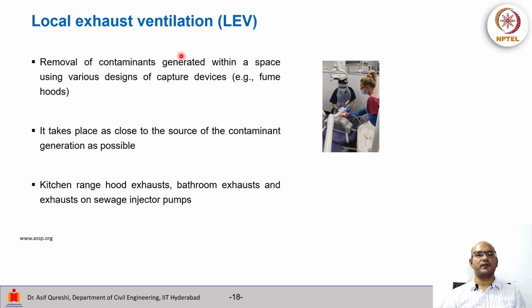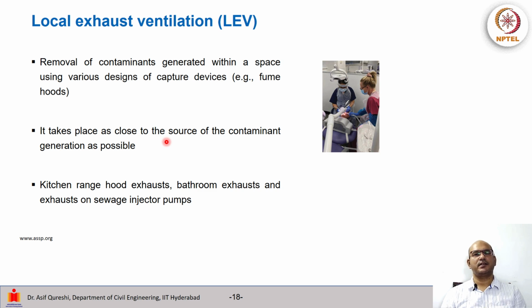The local exhaust ventilation would mean the removal of contaminants generated within a space, using various designs of capture device. So fume hoods or localized air blowers will remove the contaminant from a very local space within the room.